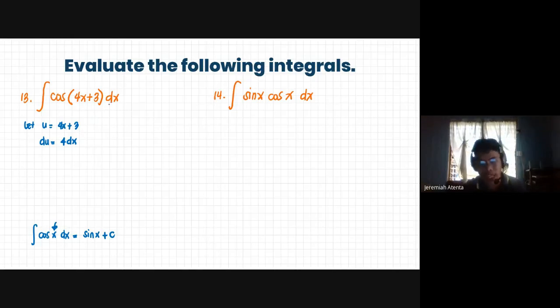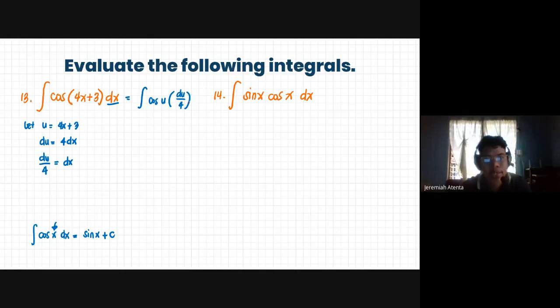And since walang katabi si dx lang yung kailangan natin, so we will divide both sides by 4. So we have du over 4 equal to dx, right?